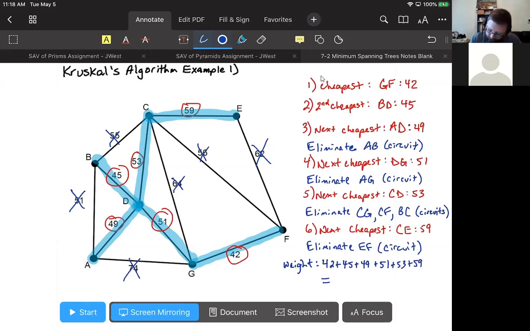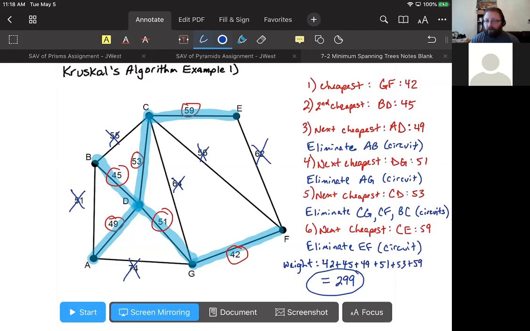And we get our minimum spanning tree, which is the highlighted tree, has a weight of 299. Okay? So we go through, we pick the cheapest edges, and as we go, we eliminate any edge that would cause a circuit to form. Once we have a spanning tree, which are the 6 highlighted edges, we simply add up their weight, and that's our spanning tree.